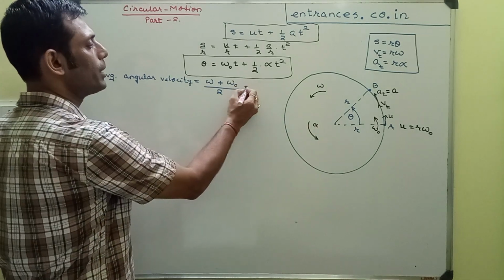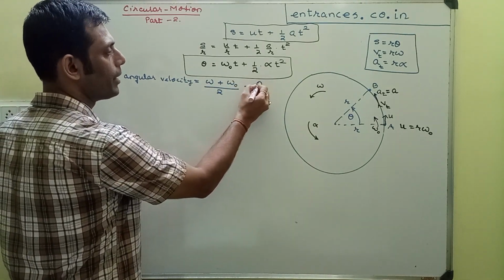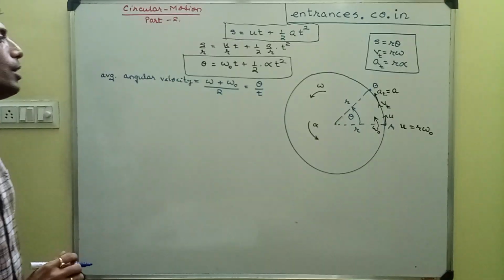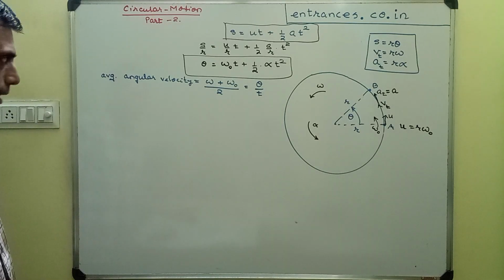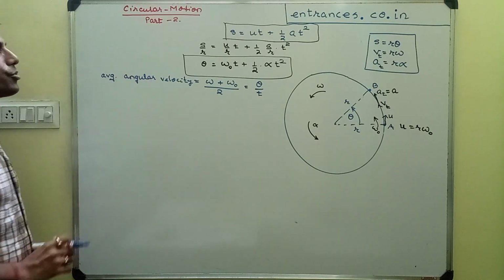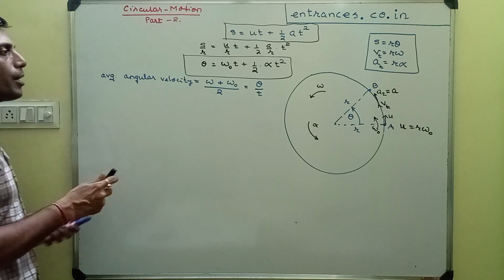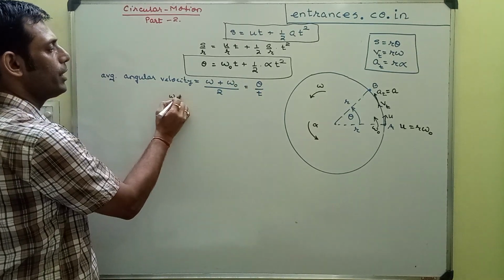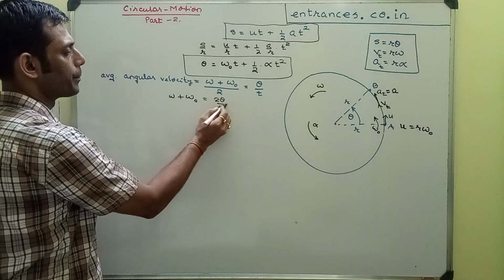Also, this is equal to the net angular displacement theta in a net amount of time t. That can also define average angular velocity. Now, if we rationalize these things, we get omega plus omega naught is equal to 2 theta by t.